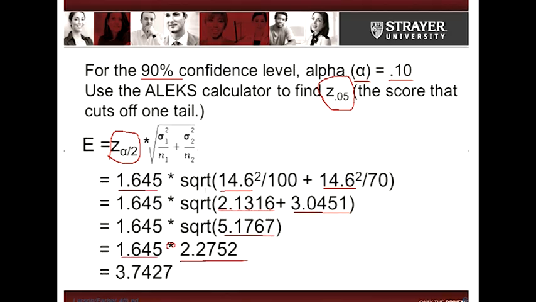Multiplying that times the critical z gives us 3.7427, and that is your margin of error, E equals this value. It's sort of a fudge factor. A lot of times you'll hear on the news where it'll say this is valid plus or minus 3 points. Well, that's your margin of error.